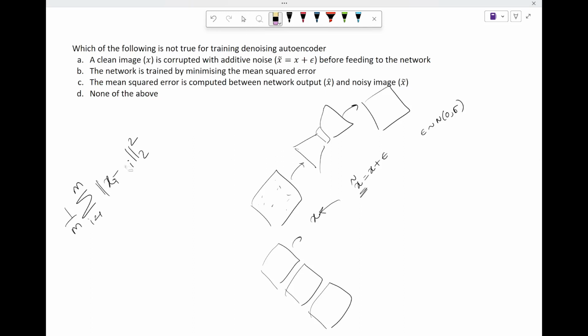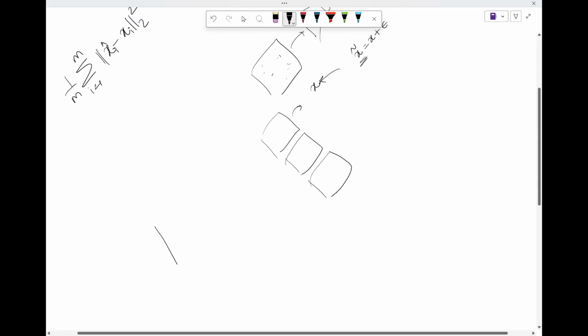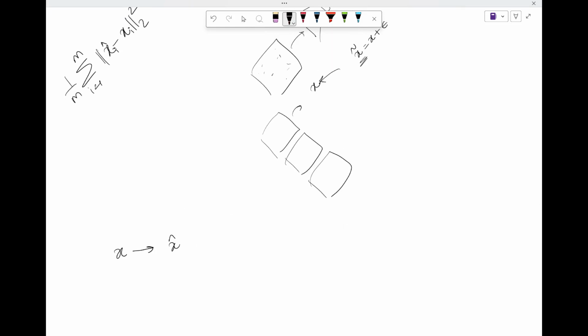So what did you do? Okay, what I wrote here is incorrect actually. From your model you will get X hat and compute the error with respect to the clean image. So you have your model. First you have some clean image X. You create X tilde, which is equal to X plus noise. This is your noisy image, and this is the clean image. Now you have some model.